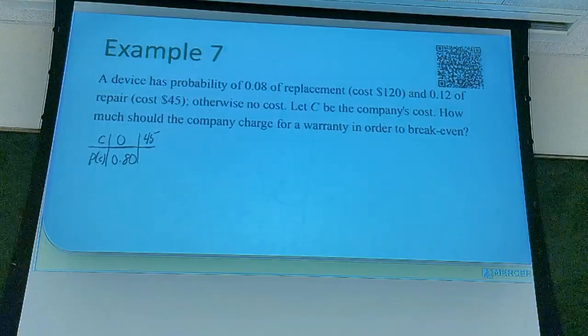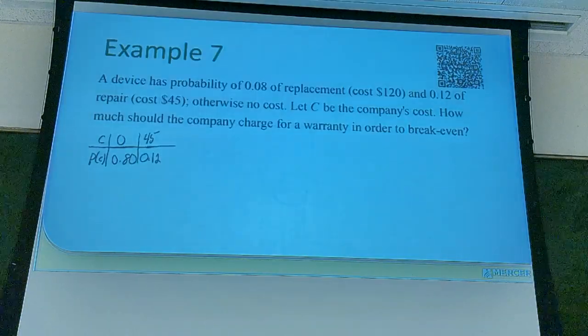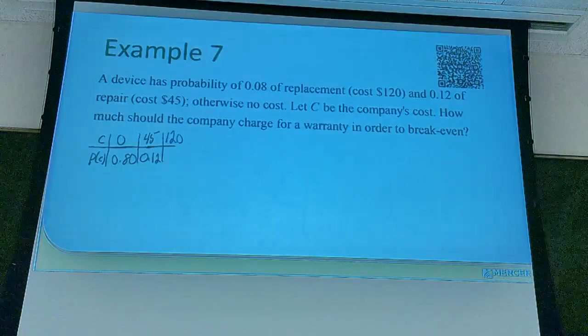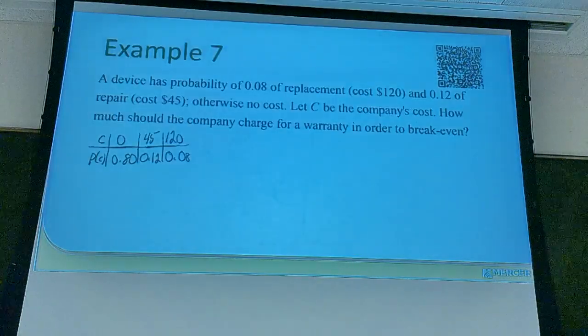$45, probability of 0.12, and then $120 with a probability of 0.08. That 0 is not needed for this calculation.